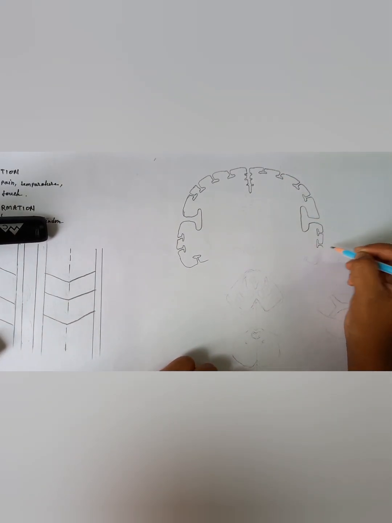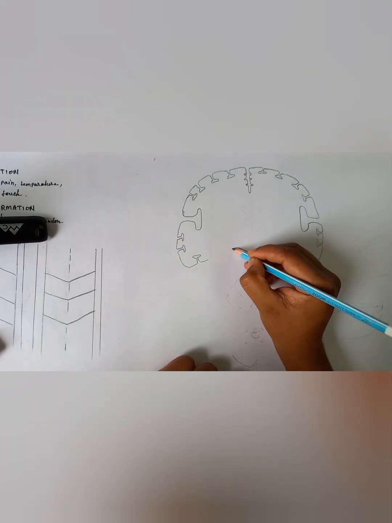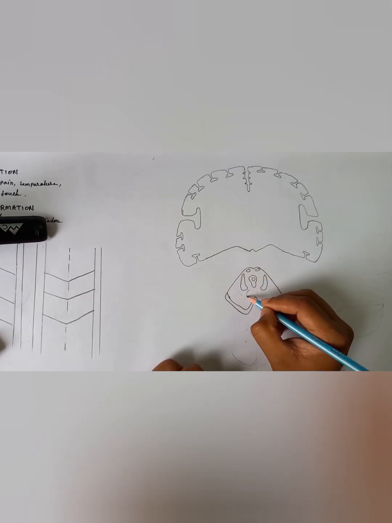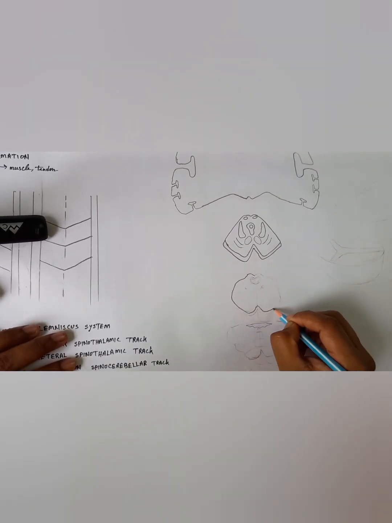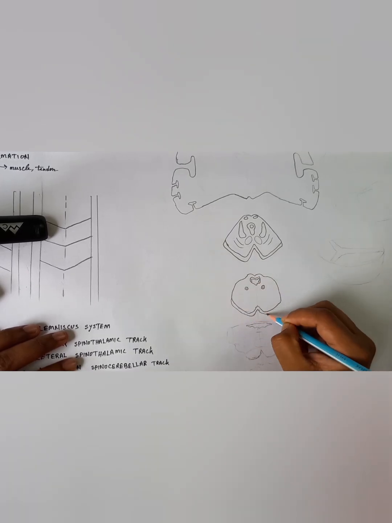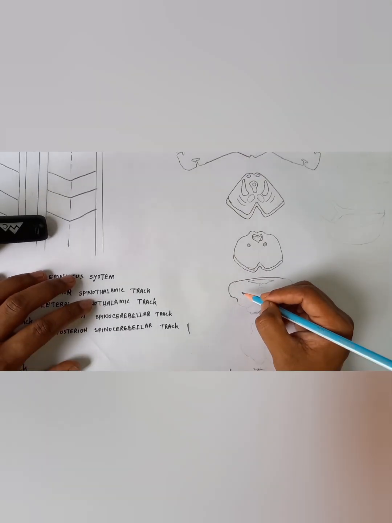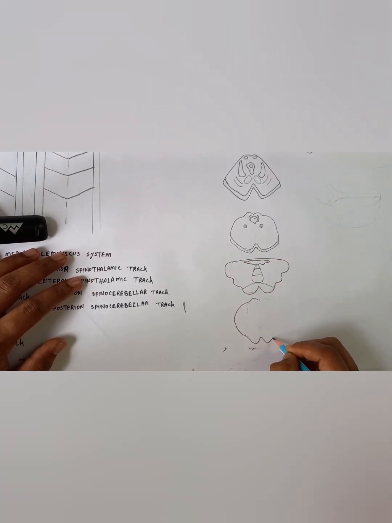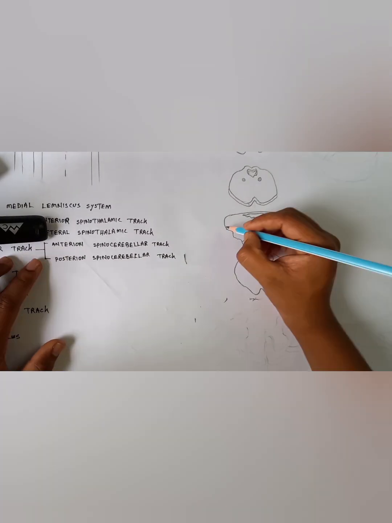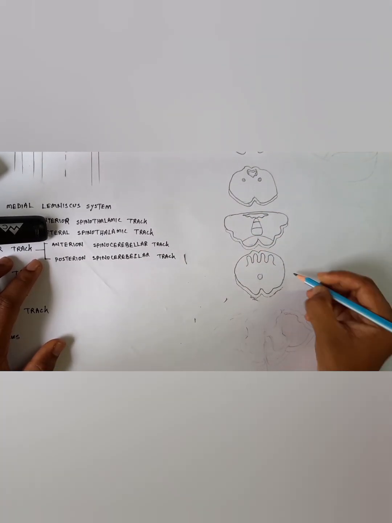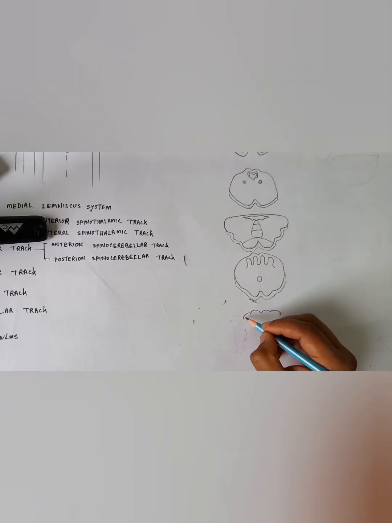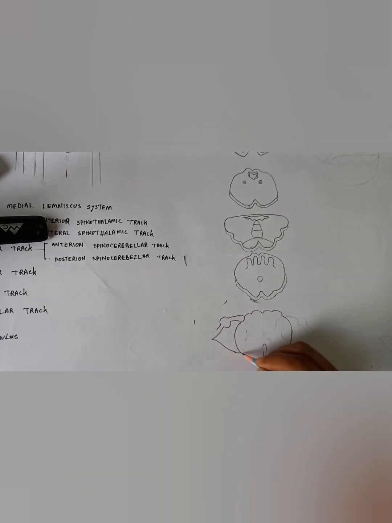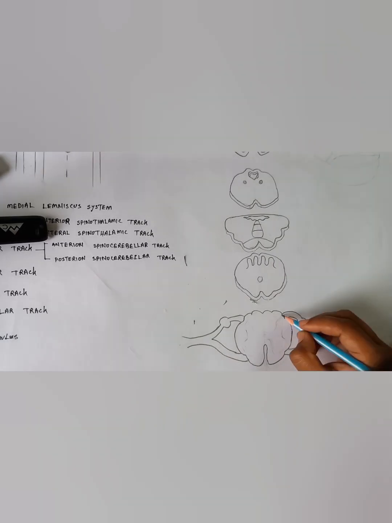You can see I am drawing the sagittal section of the cerebrum, the transverse section of the midbrain, the transverse section of the pons, the transverse section of the upper part of the medulla oblongata, the transverse section of the lower part of the medulla oblongata, and the transverse section of the cervical spinal cord.